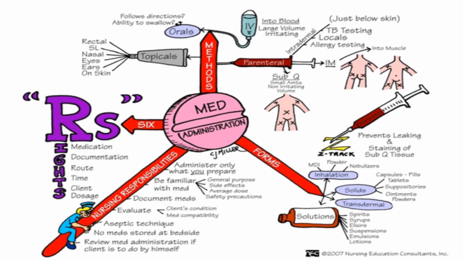That's what that stands for. And it shows you the little X's there where you can do that. And then we have the sub-Q or subcutaneous. That's a small amount, and it goes into the subcutaneous tissue. Talks about the Z-Track method. That is looking at IM injections to prevent leakage and staining of tissue.